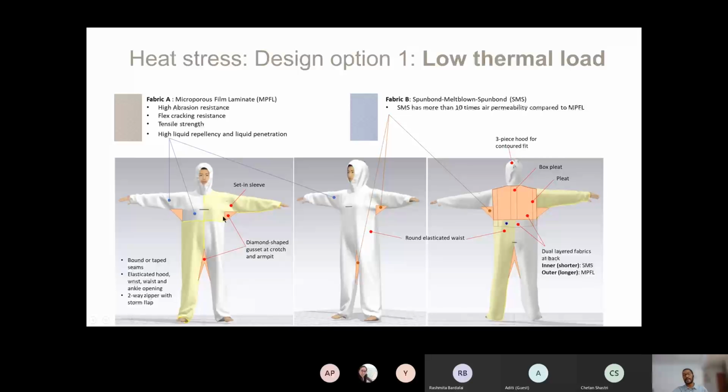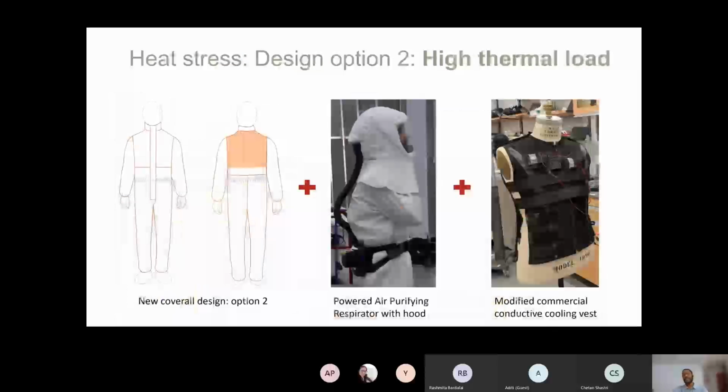The areas in orange use a more permeable fabric which lets moisture and heat from within the body pass out, whereas the white fabric is more resistant to liquid spills and more impermeable to entry of any contaminants. So that was option one.